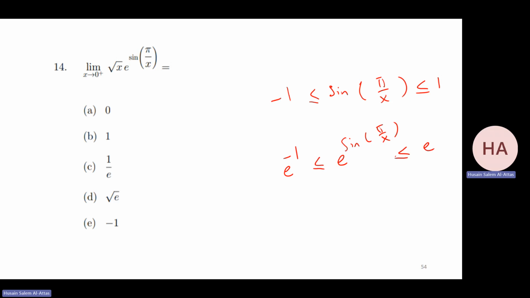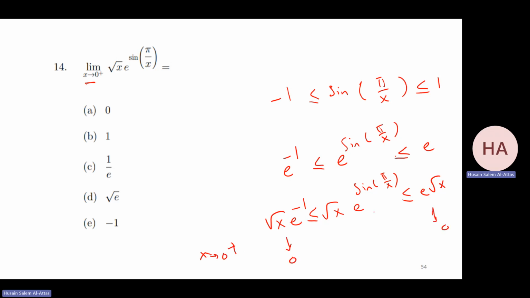Since x goes to 0 from the right, square root of x is always positive. X goes to 0 from right. This goes to 0. This goes to 0. It means this one goes to 0 by the squeeze theorem. So the answer is 0.